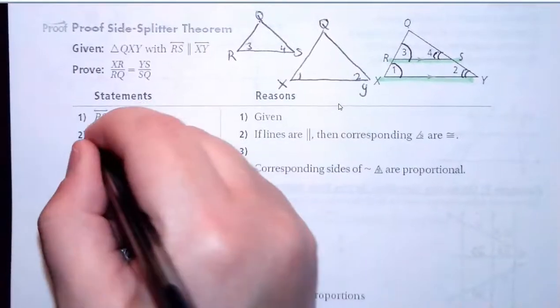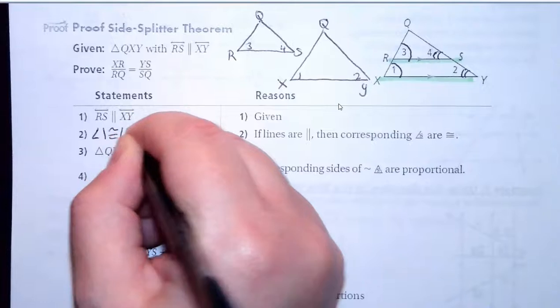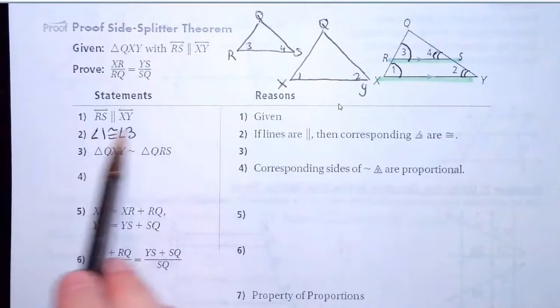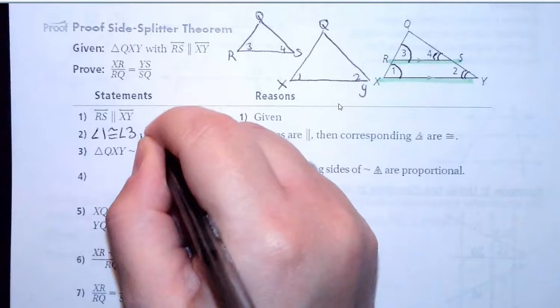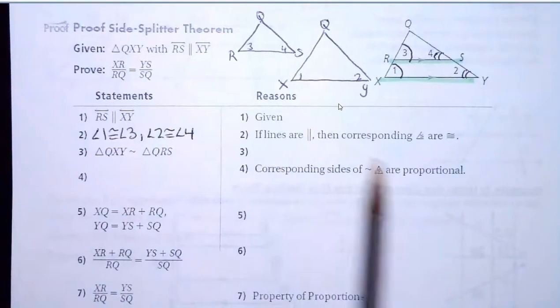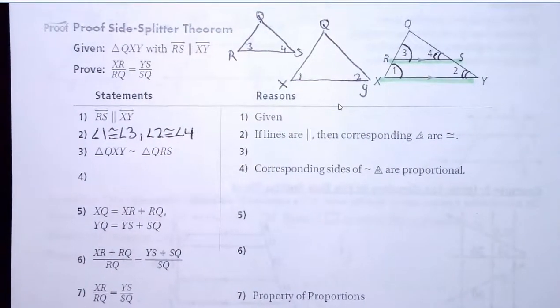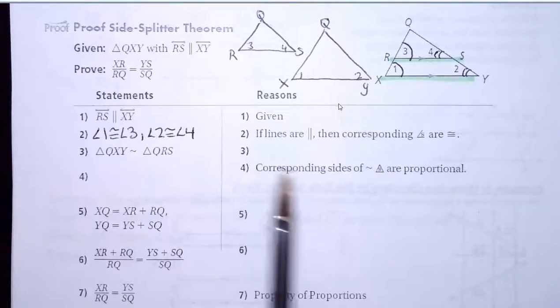So I'm going to write down here angle 1 is congruent to angle 3 in this proof. They gave us the parallel lines, and angle 2 is going to be congruent to angle 4. This is just talking about if we have parallel lines, then corresponding angles are congruent. I probably wouldn't have written that whole sentence out, but there you go.